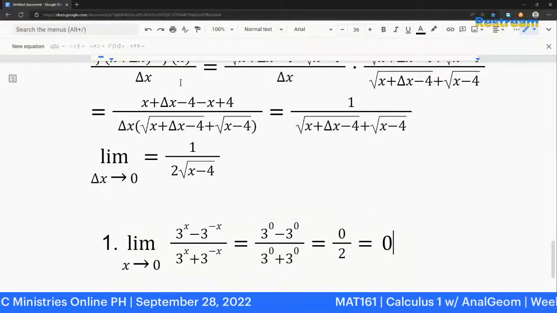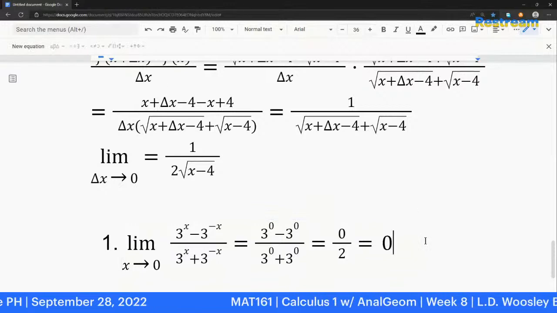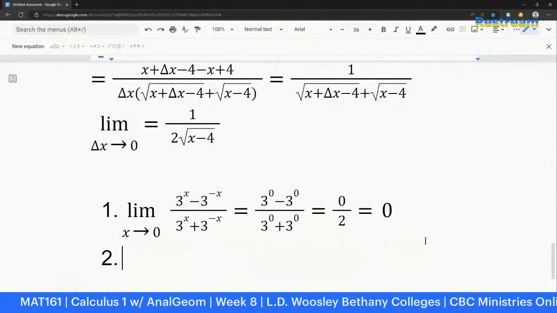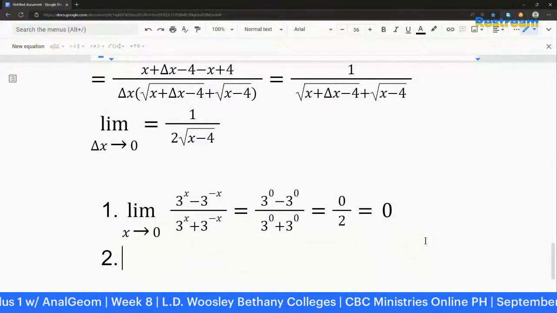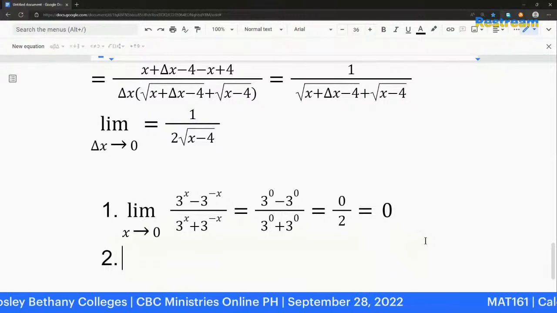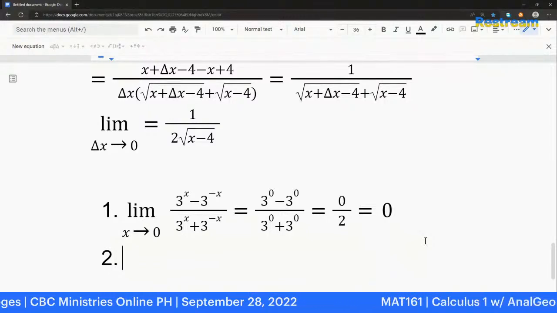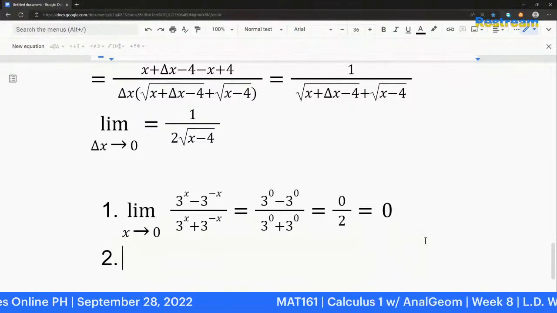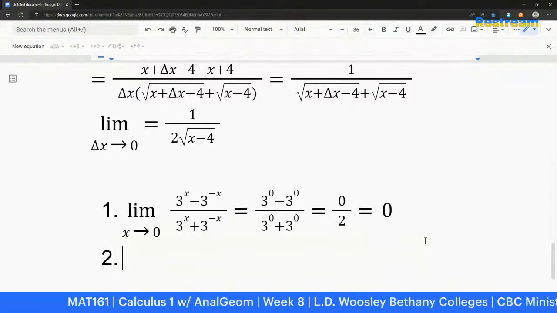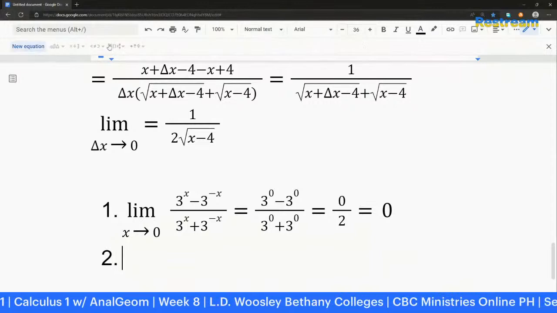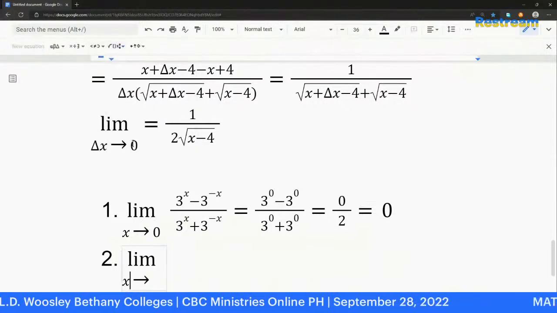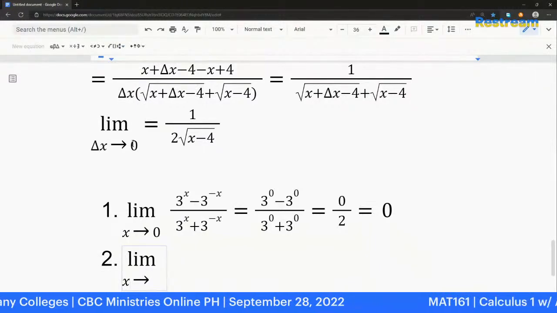Next, Banji, for number 2. Okay, no problem, Gia. Go ahead. Okay, number 2. This time as x approaching 2.